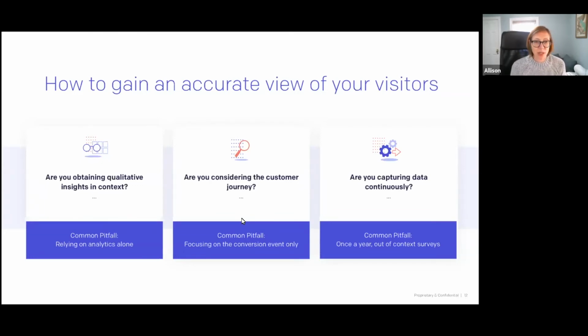And you can also continue to iterate after you launch the new version or the new message, whatever it might be, being able to see how it's working, but also understand the user experience: whether users are understanding the messaging, and whether they're getting the information they need when they're on your homepage or marketing site.